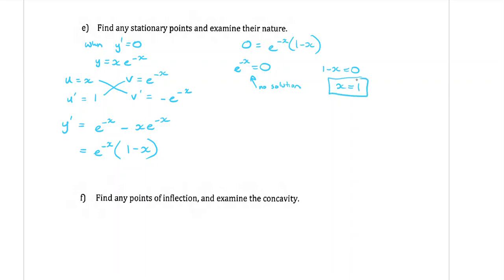That's the one I'm after. It is a point, so let's find a y value. Sub 1 back into the original, so it'd be 1 e to the negative 1, or just e to the negative 1.